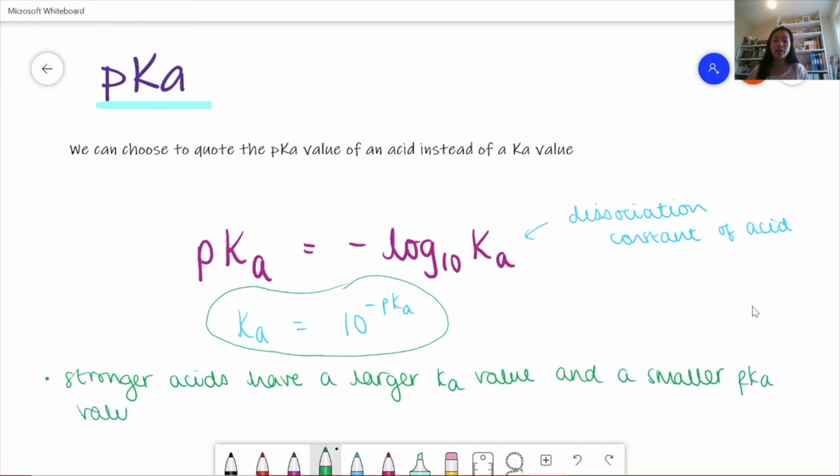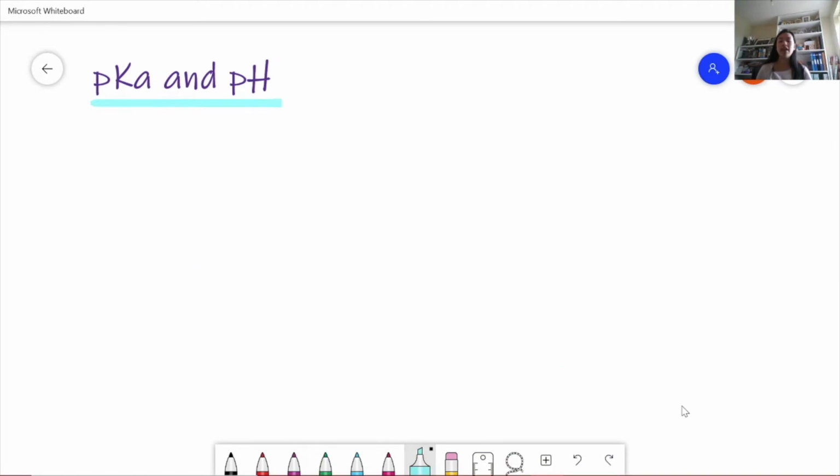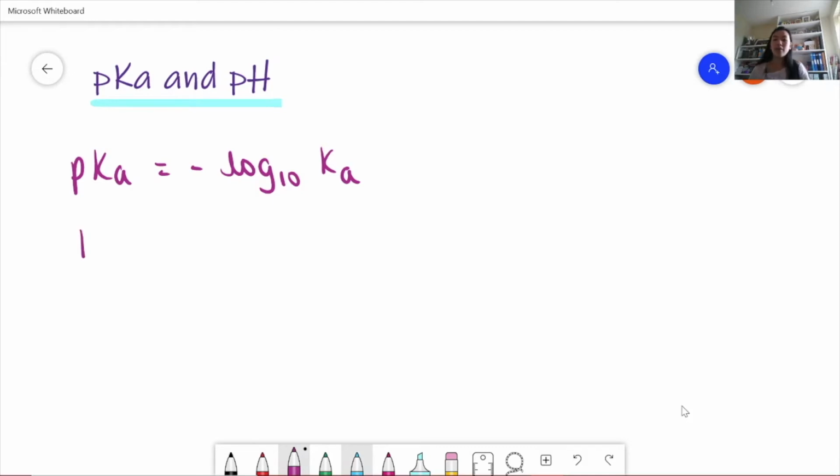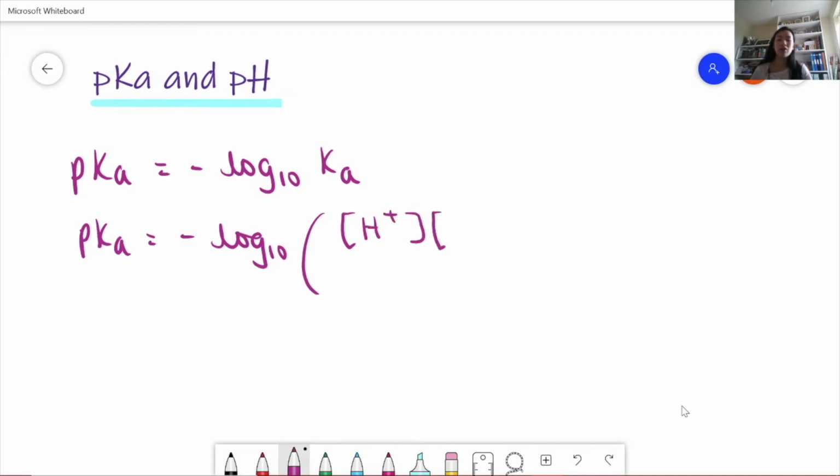pKa value. So we can actually relate the pKa value and the pH. If we think back to pKa, we have the formula pKa is equal to minus log 10 of Ka. And so using our formula for Ka, we then have pKa is equal to minus log to the base 10 of the concentration of H plus multiplied by the concentration of A minus over the concentration of HA, the acid.